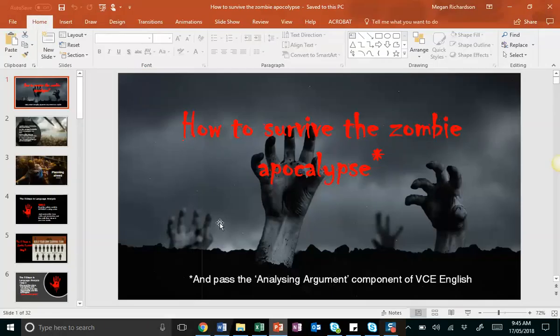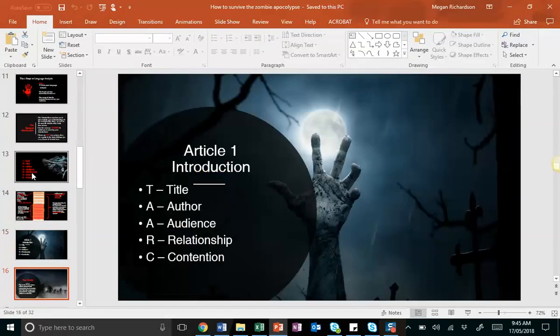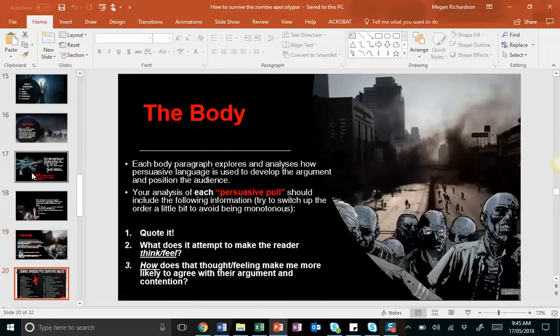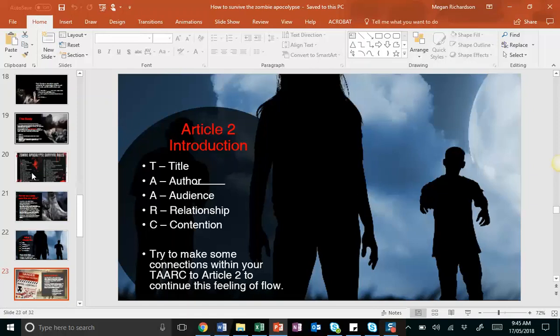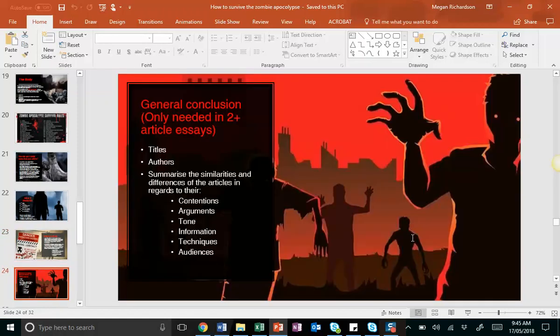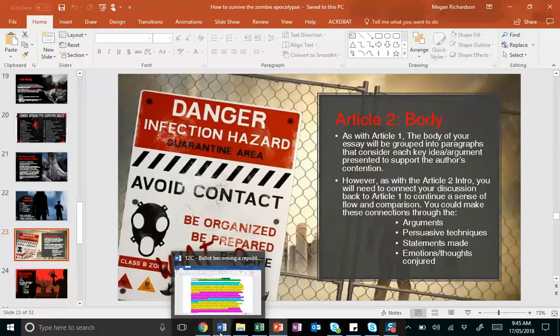There's a whole list on this. It's around here somewhere. Here we go. Arguments, persuasive techniques, statements made, emotions, thoughts conjured. So you can make comparisons with all of those kinds of things.